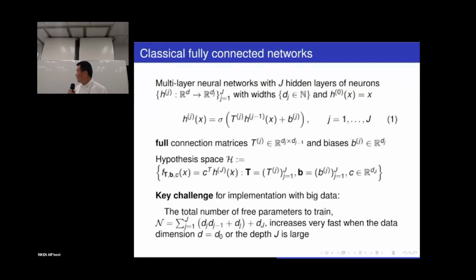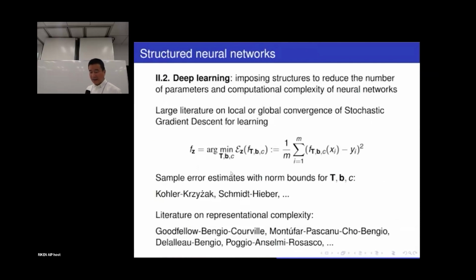The key challenge in deep learning often is that the dimension of this space is extremely large. The number of parameters we need to train is extremely large. That's why the idea is to reduce the number of parameters by imposing structures on the neural networks, so that the number of parameters can be reduced, but most of the structures can be kept.